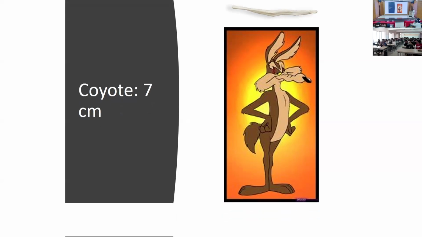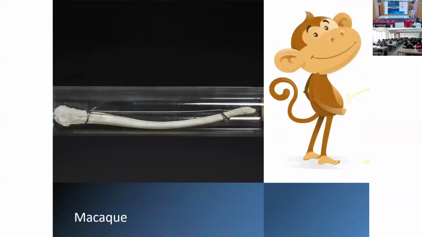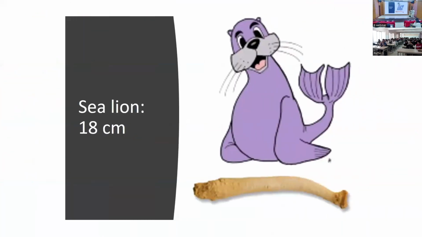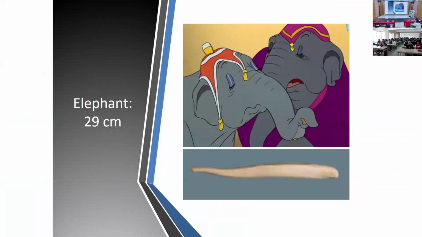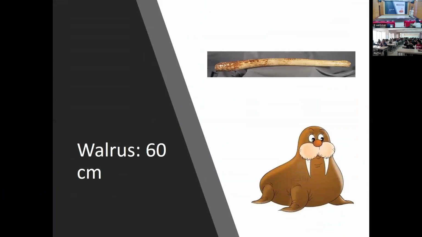So let's go to the others. This is your dog, or the dog that sometimes you are eating. This is the macaque. This one, the sea lion. The elephant, apparently is big, but it's not so big because the elephant is very big. So 30 centimeters of bone is a little one. But it's enough. It's something. It's better than nothing. This one is the walrus. It's a big one.